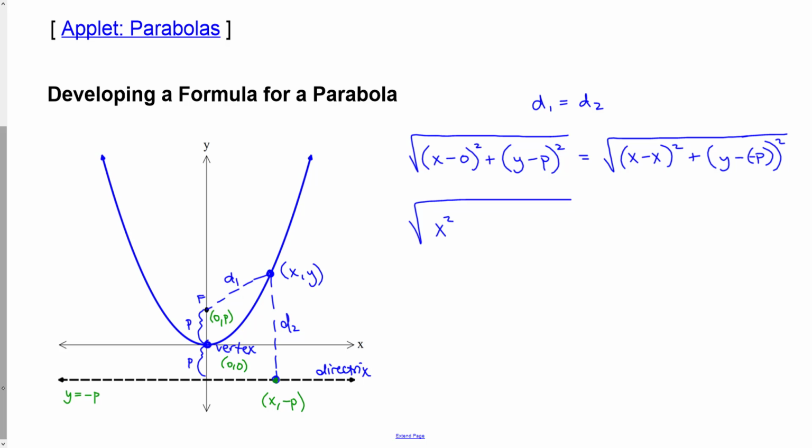Y minus p quantity squared could be written as y squared minus 2yp plus p squared. And that's going to be equal to, well, x minus x is 0, and 0 squared is just 0. Y minus negative p is just y plus p. So this is going to be y squared plus 2yp plus p squared.